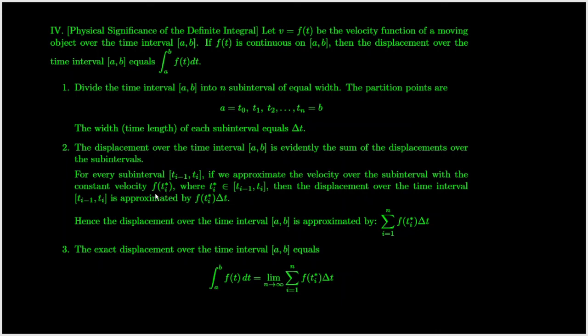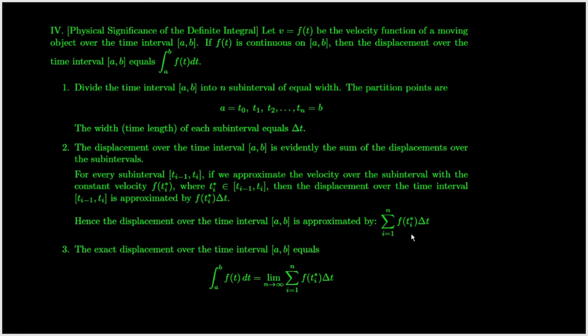It's denoted by f of ti star. So the displacement over the tiny subtime interval is approximated by the constant velocity f of ti star times delta t, the time elapsed. Hence, the displacement over the time interval from a to b is the total of all such approximations.